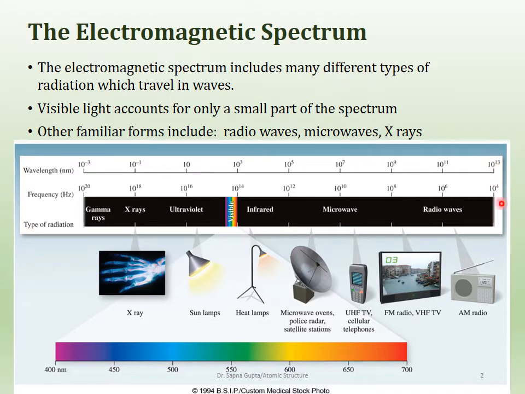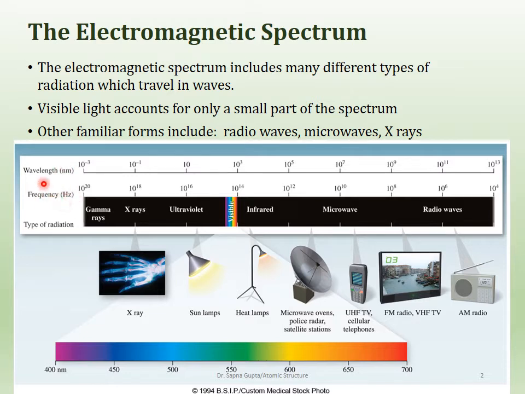The other thing I want you to look at from this slide before I go on is the units. Wavelength has a unit of nanometers over here, and you see the wavelength is getting larger as you go to the right, as we talked about before. Frequency is given in hertz, and we use hertz all the time these days, so it's not really a unique kind of unit for you.